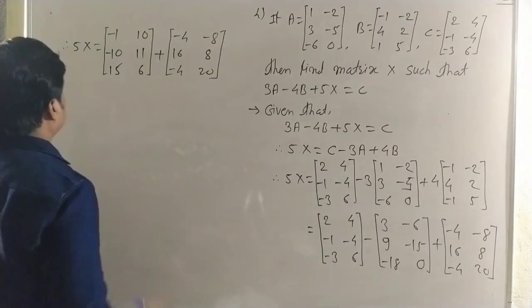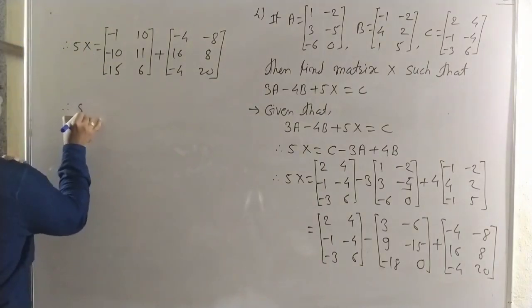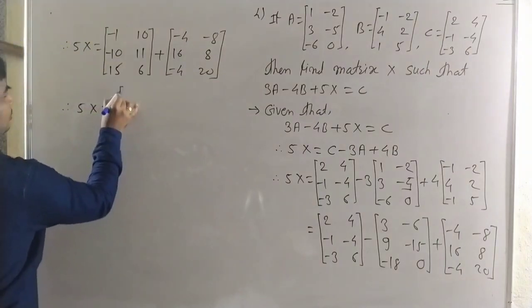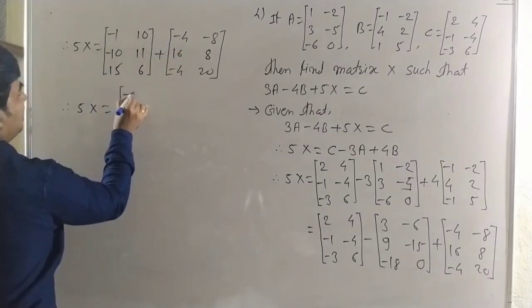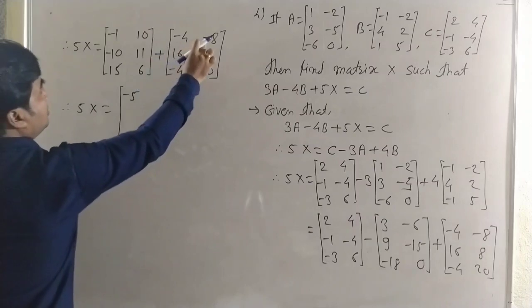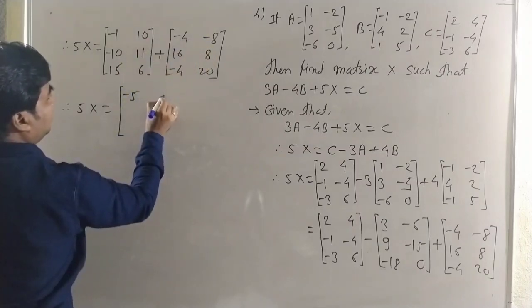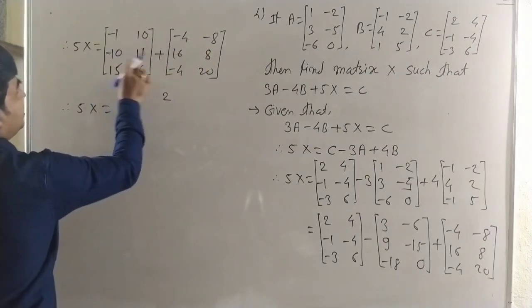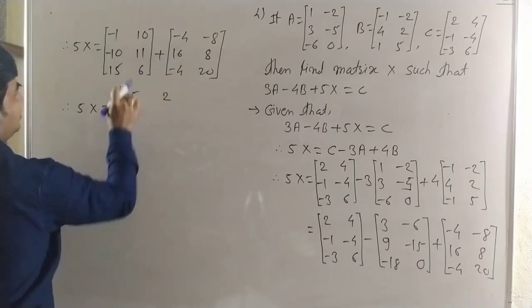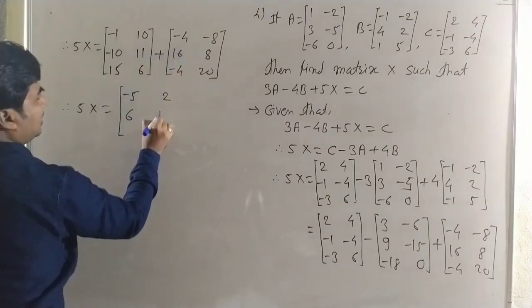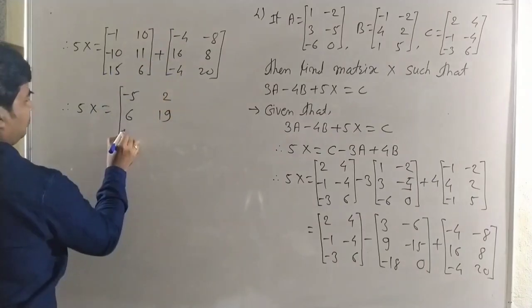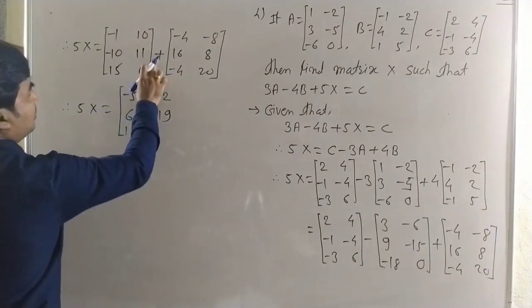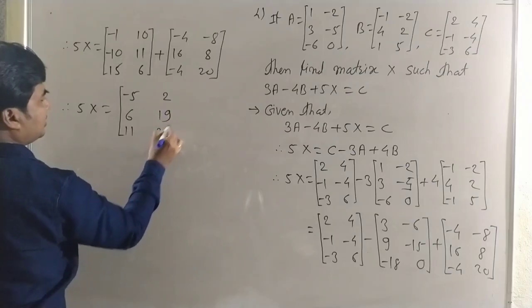Okay, here it is the addition, and therefore 5X is equal to minus 1 plus minus 4, it is minus 5, 10 plus minus 8, that is 10 minus 8, it is 2, minus 10 plus 16, it is 6, 11 plus 8, it is 19, 15 plus minus 4, that is 15 minus 4, it is 11, and 6 plus 20, it is 26.